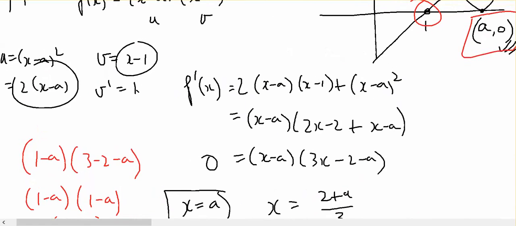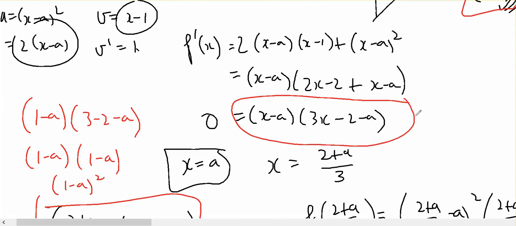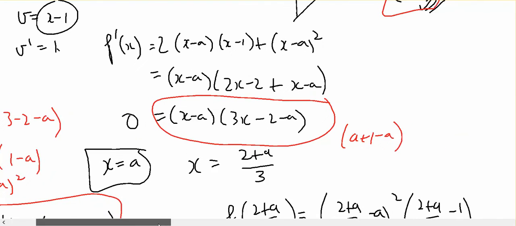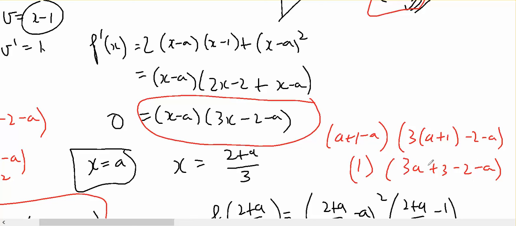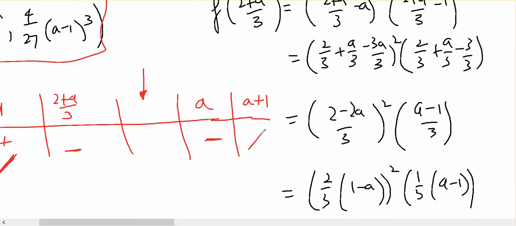If I do a plus 1, I'm going to do (a plus 1 minus a) times (3 times (a plus 1) minus 2 minus a), which is 1 times (3a plus 3 minus 2 minus a). 3a minus a is 2a plus 1. Since a is bigger than 1, this is positive, and times 1 is positive, so I end up with a positive.